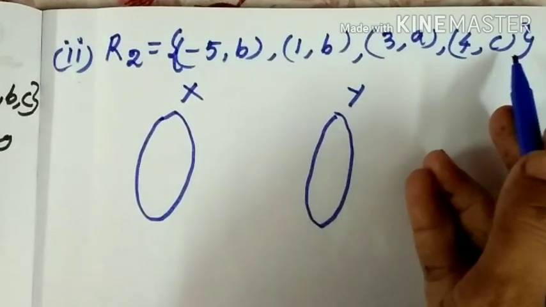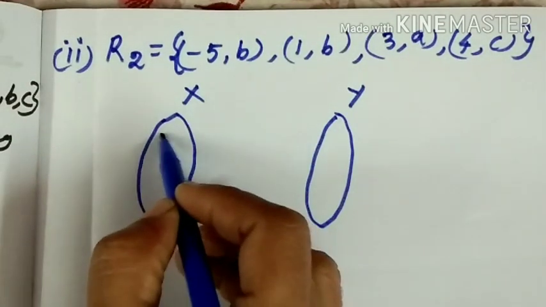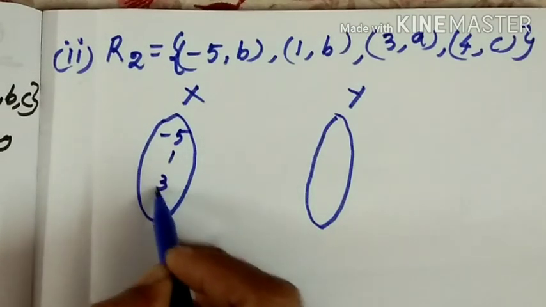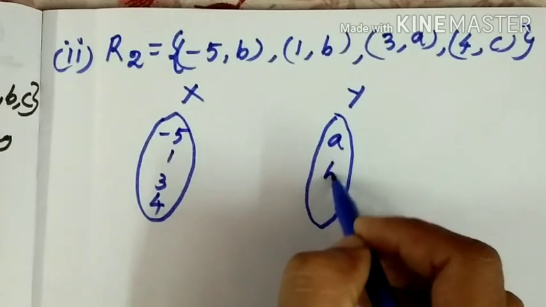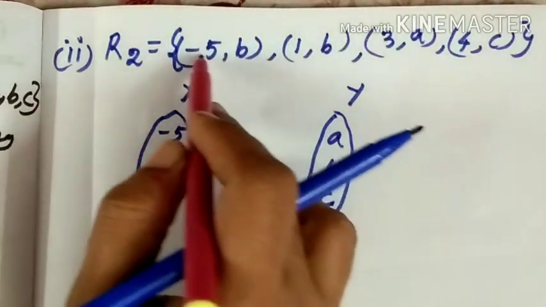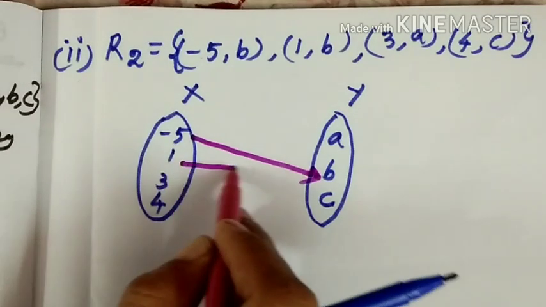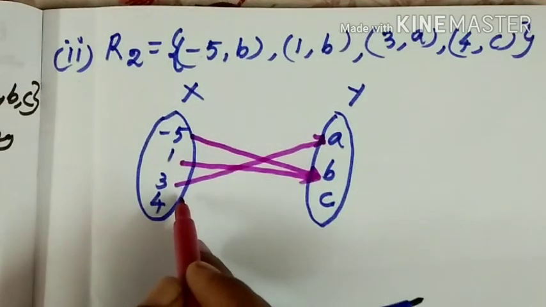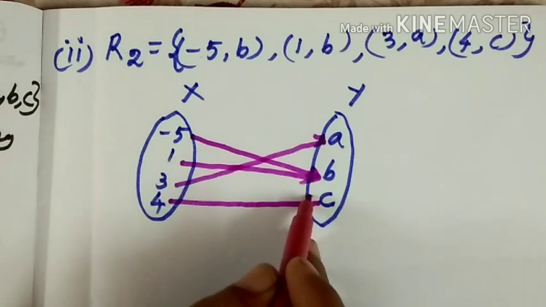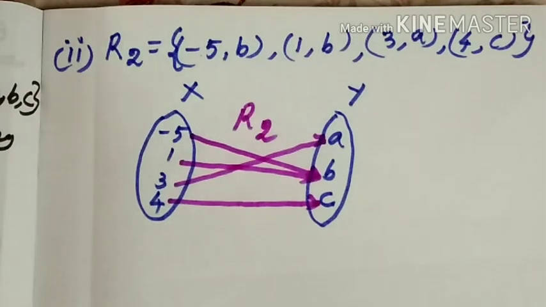Now we move to the next subdivision R2: minus 5 comma B, 1 comma B, 3 comma A and 4 comma C. The arrow diagram of R2 is: minus 5, 1, 3, 4 and A, B, C. Now the relations are minus 5 related to B, 1 also related to B, 3 related to A and 4 related to C. From this arrow diagram, what do you observe?